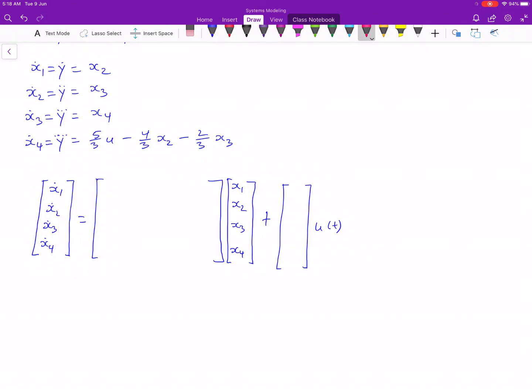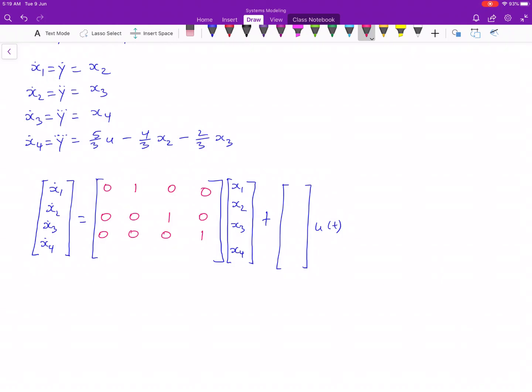So x1 dot is x2. So you're going to have 0, 1, 0, 0. x2 dot is equal to x3. So we are going to have 0, 0, 1, 0. x3 dot is equal to x4. So we are going to have 0, 0, 0, 1.